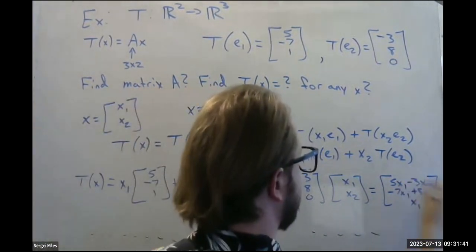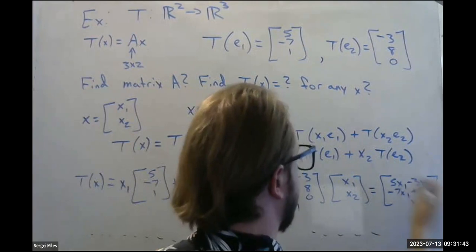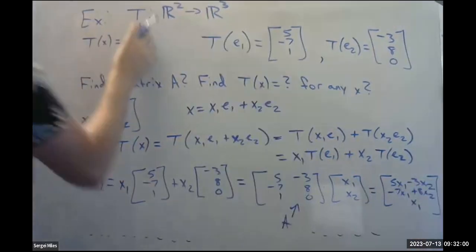Right. So here's T of x, a single vector. This is the output. I've answered both pieces of the question just like it's supposed to be.